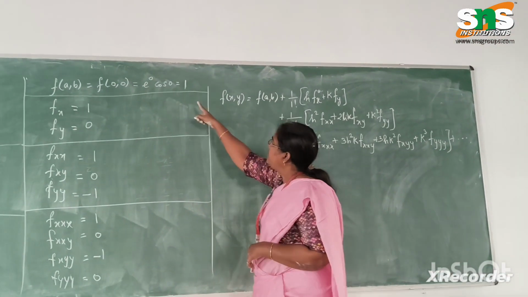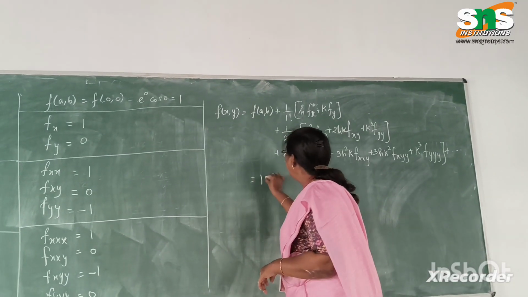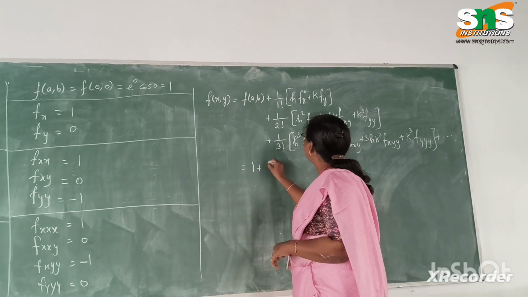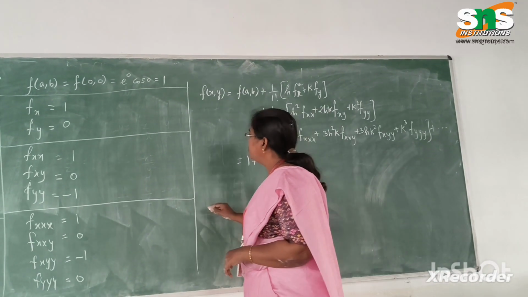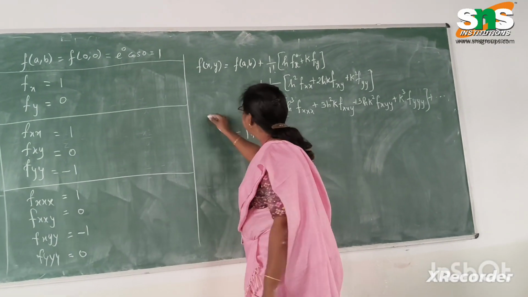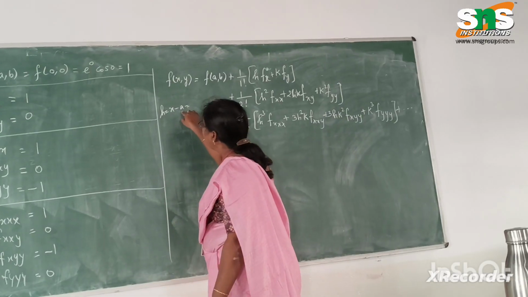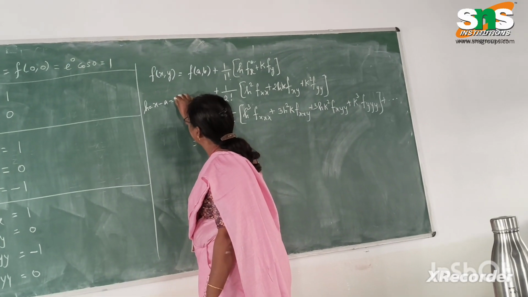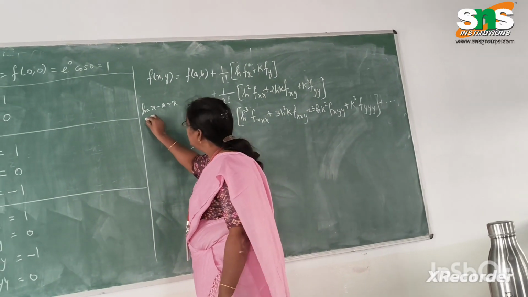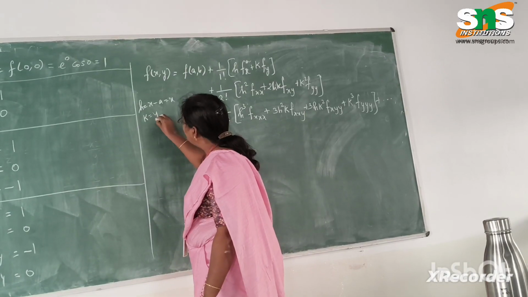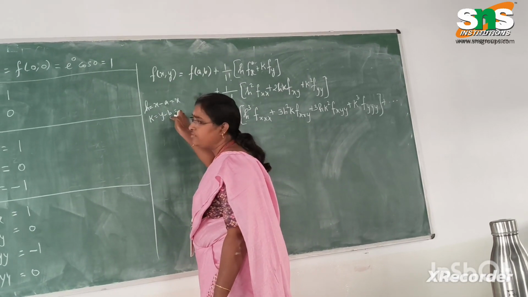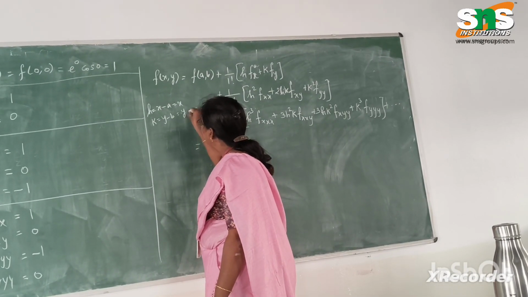So the f(a, b) value is 1 plus 1 by 1 factorial, times h. Before that we want to calculate what h is. h equals x minus a, and the a value is 0, so instead of h we replace it by x. k equals y minus b, the b value is 0, so k equals y.